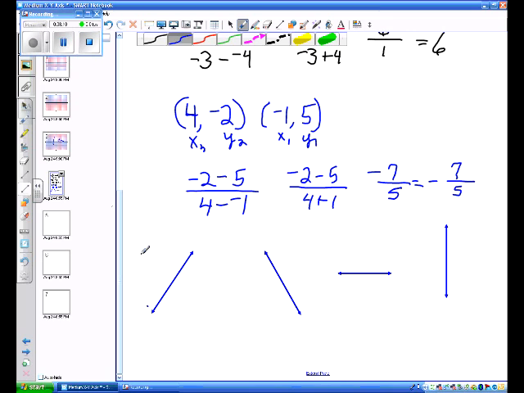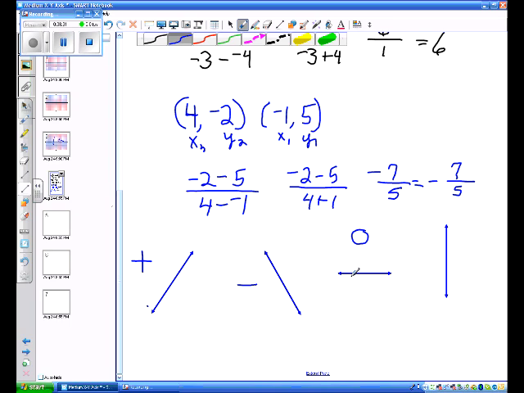With a positive slope, your graph, and we always read them left to right, is going up as you go to the right. If you have a negative slope, your graph is going down as you go to the right. If you have a slope of 0, then that means you have a horizontal line.